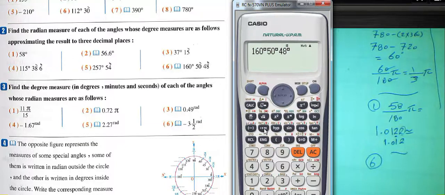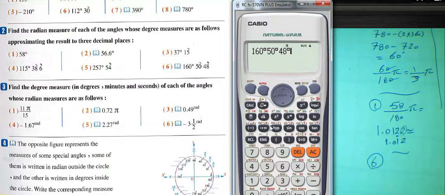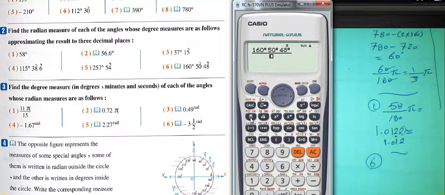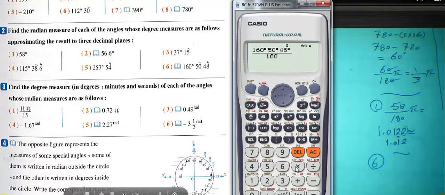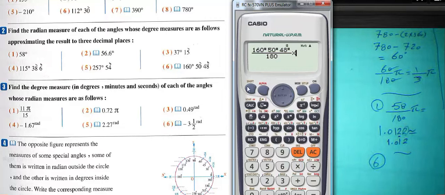We can divide it by 180 and multiply by pi.